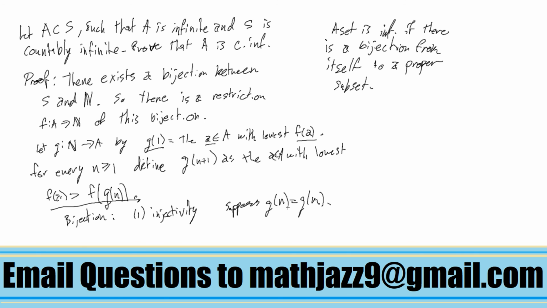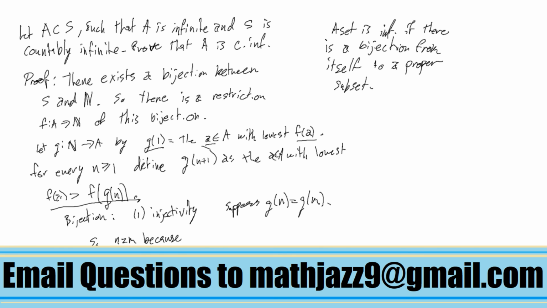So, well, that has to, because if they didn't, if n and m were different, then let's say m was the smaller one. If m were the smaller one, then that means that g of n picks out an element of A, and that has some f value.